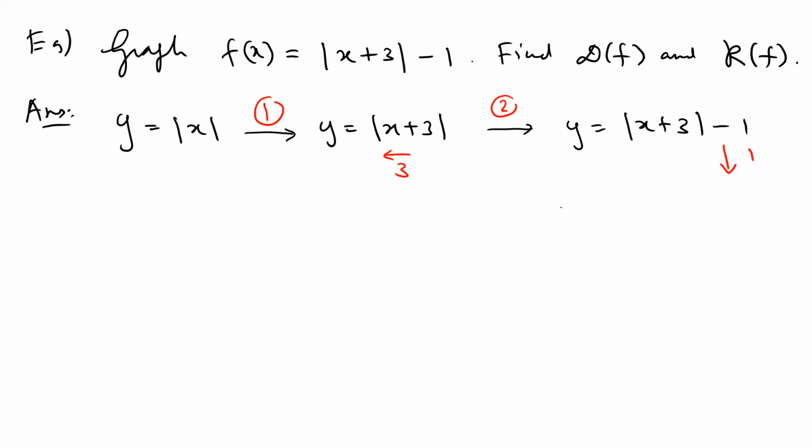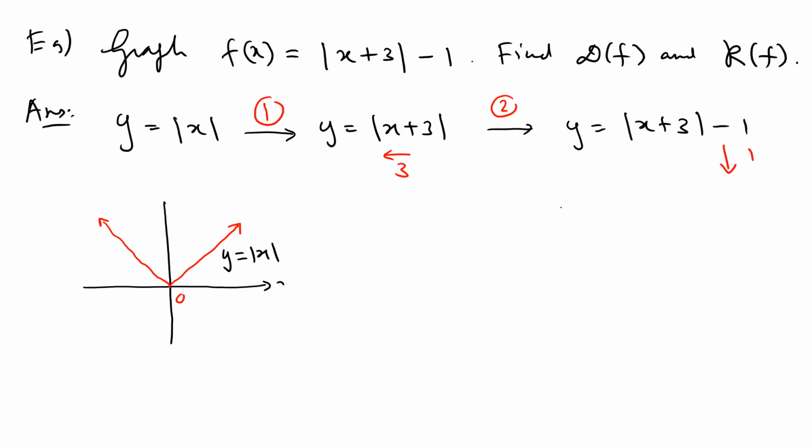We're going to start with the basic function, the absolute value function, which is the famous one. It goes like that, like that. This is 0, and this is y equals the absolute value of x. Now we can shift this one to the left.